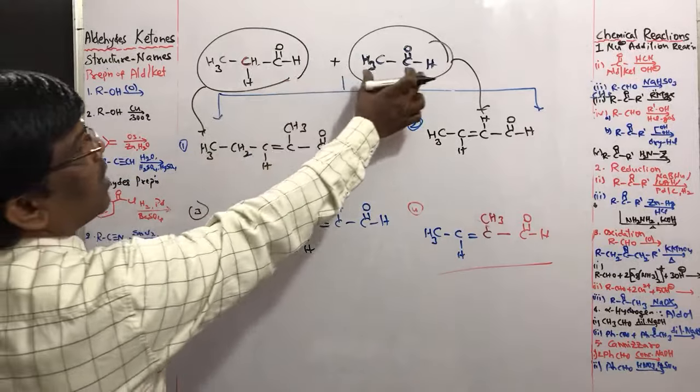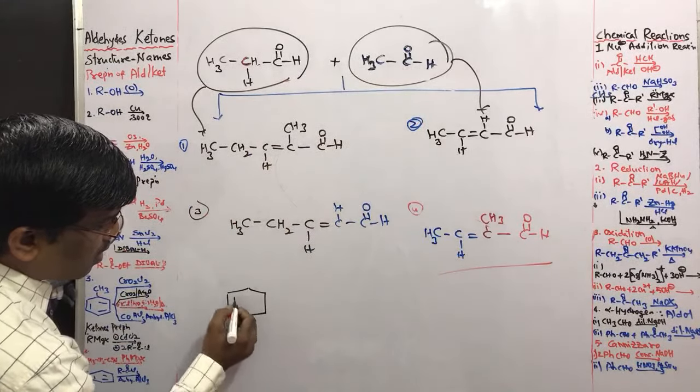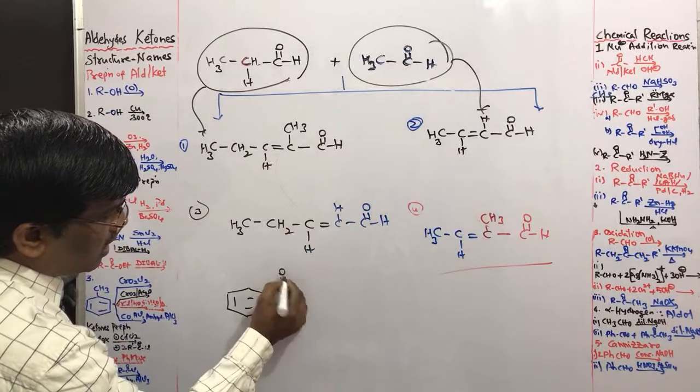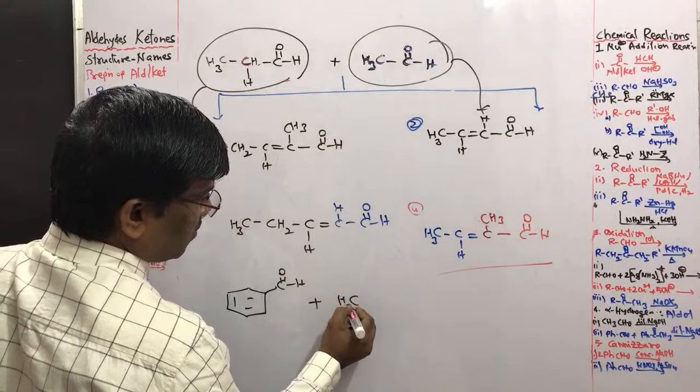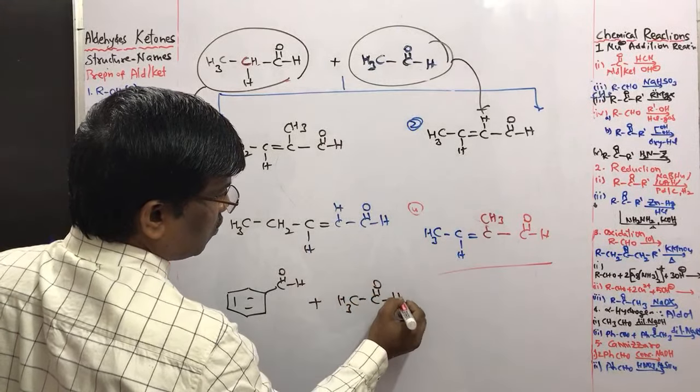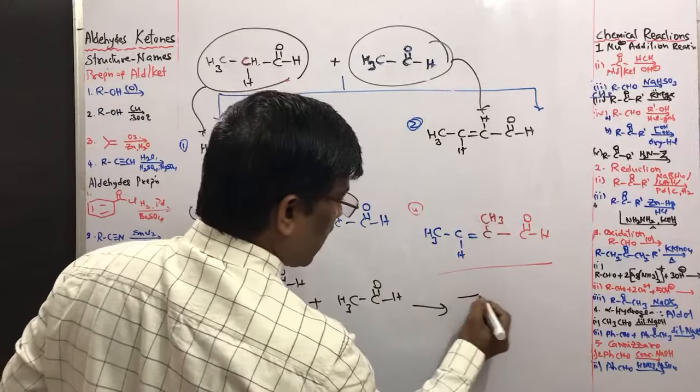For example, if I want a specific reaction, benzaldehyde plus this CH3CHO, what am I going to get? Cinnamaldehyde.